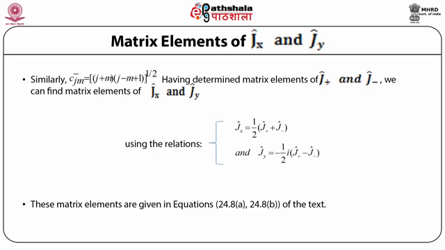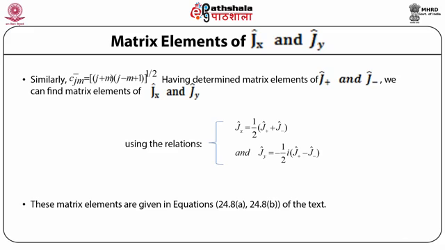Delta J J prime gives us a value 1 if J is equal to J prime and returns a value 0 if J is not equal to J prime, while delta M prime M minus 1 gives a value 1 if M prime is equal to M minus 1 and gives a value 0 if M prime is not equal to M minus 1.